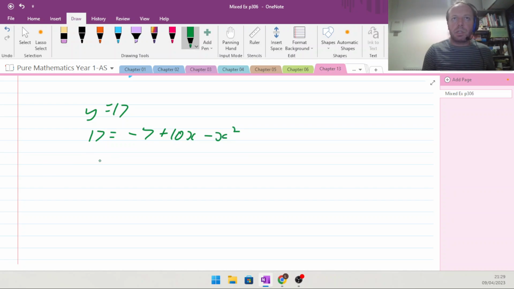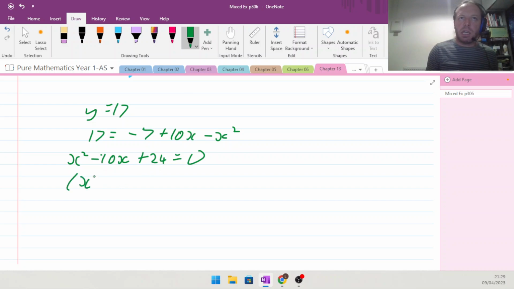Bringing that across, we have x squared minus 10x plus 24 equals 0, since 17 plus 7 is 24. We know one of those values is 4, so the other should be 6. So we've got x minus 4 and x minus 6, showing that the x value of C is 6. So C is 6, 17.